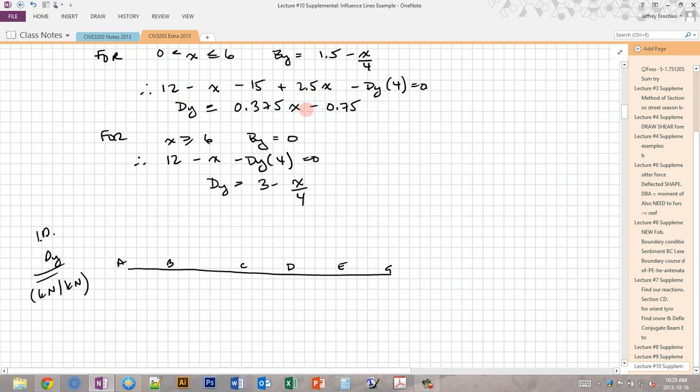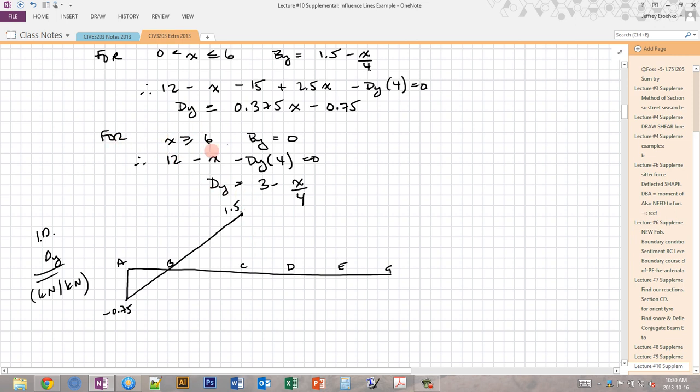So if x equals 0, then dy is negative 0.75. Then we know at 6, so we're just looking at the boundaries of this location here, because we know that our influence diagram lines are going to be straight. So at 6, we get 0.375 times 6 minus 0.75, and that equals 1.5. So we see that our influence diagram looks like this, 1.5 at C, positive.